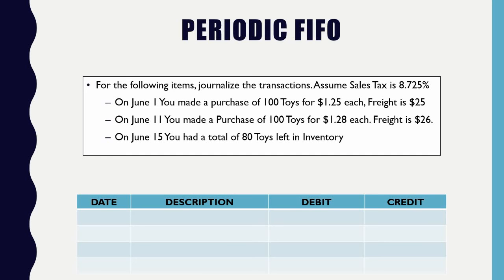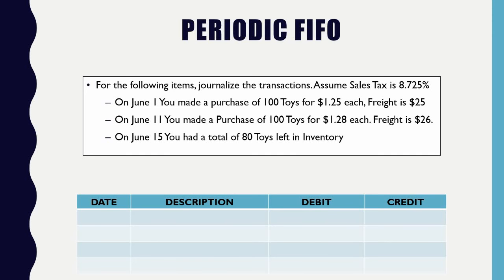All right, so here we go. We're going to start diving in, and let's look at this example. There are a total of 3 transactions: June 1st, June 11, and June 15. The first thing I want you to do is practice journalizing again.